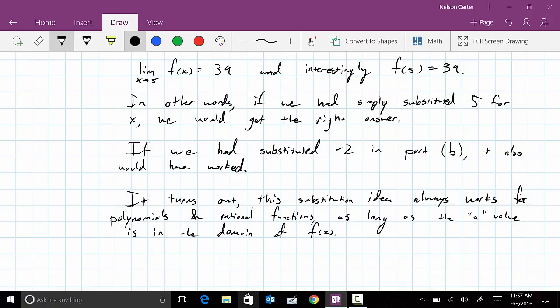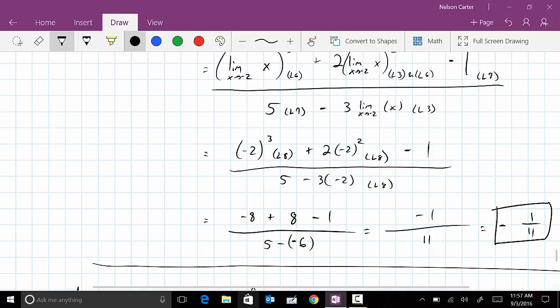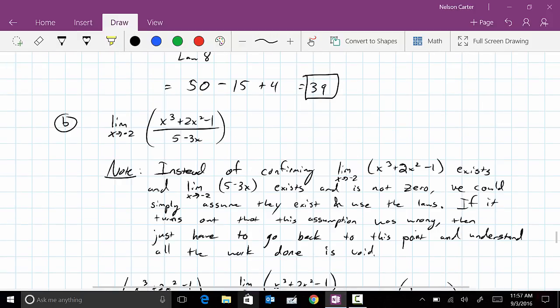So for a polynomial, you don't have to worry about it because every polynomial has a domain of all real numbers. However, for rational functions, you do have to make sure that it's in the domain. In other words, for the rational function that was given in part B, if -2 had not been in the domain, that would have meant division by 0, in which case the denominator would have been 0.